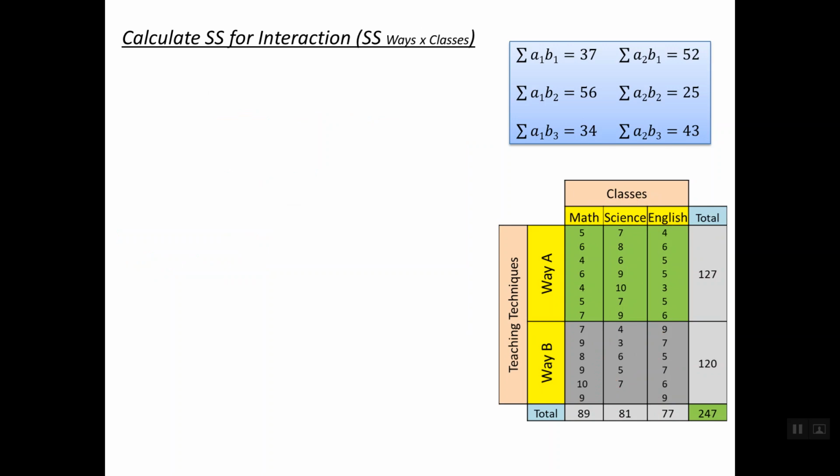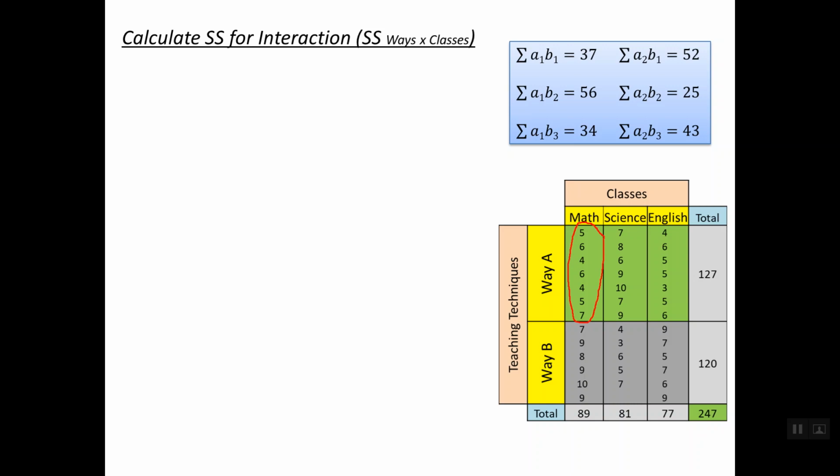In this case, we are interested in each group. For example, we need to calculate the summation of this group.